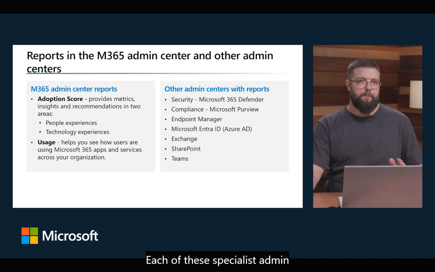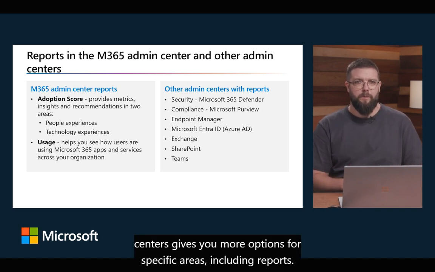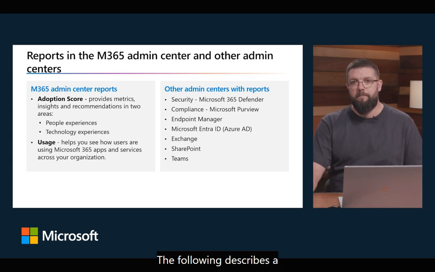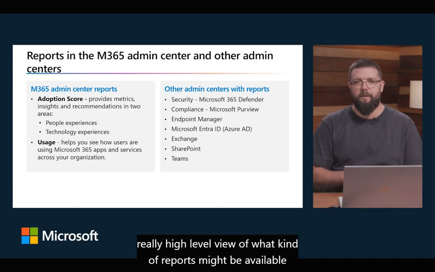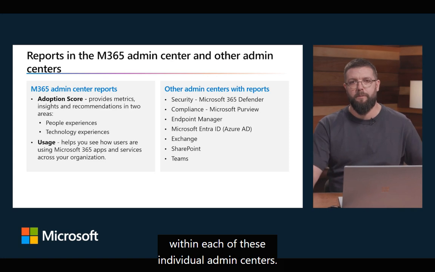So each of these specialist admin centers gives you more options for specific areas, including reports. So the following describes a really high level view of what kind of reports might be available within each of these individual admin centers.